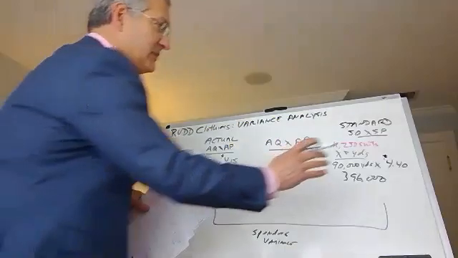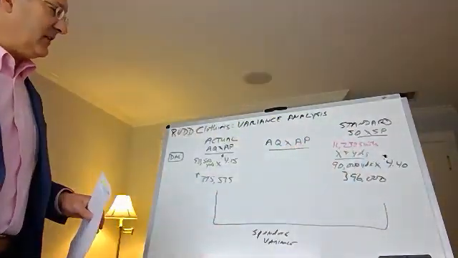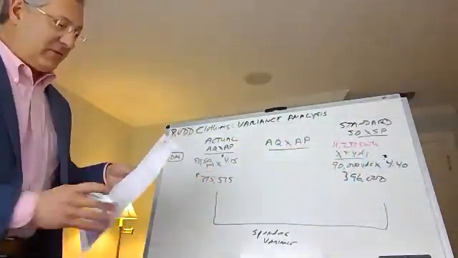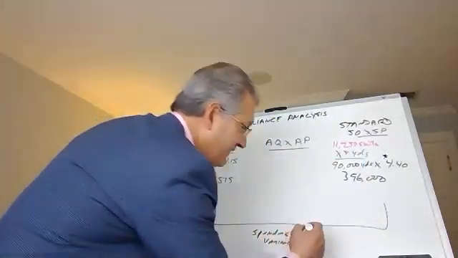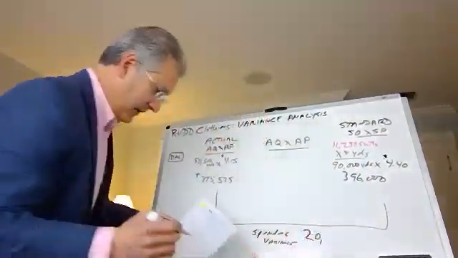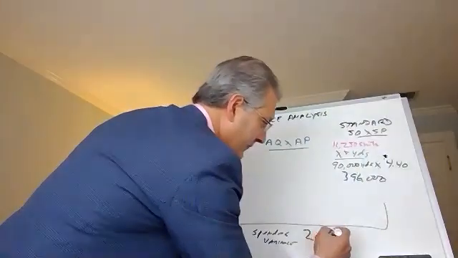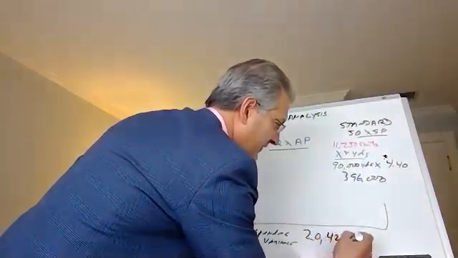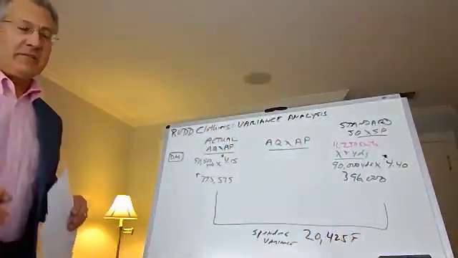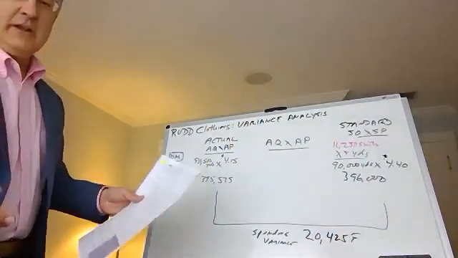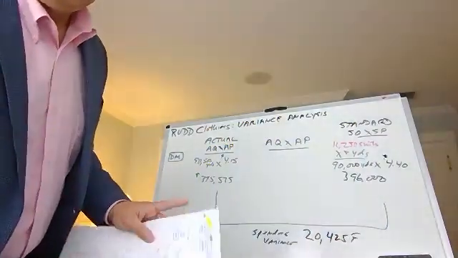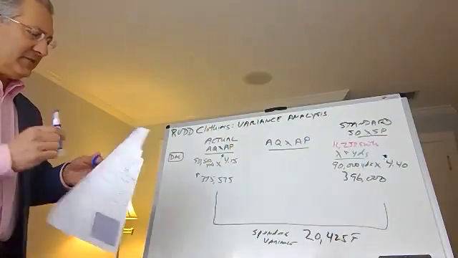And you can see here they should have spent $396,000. They only spent $375,000. They have a favorable variance of $20,425. Favorable variance. But as you know, we're interested in knowing the price and quantity variance.